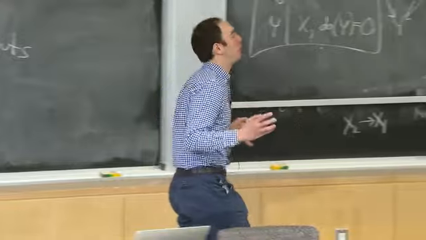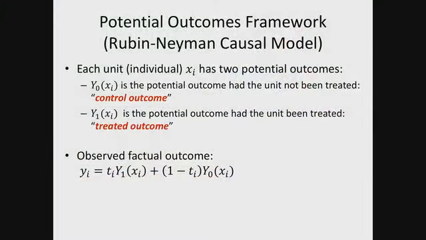Now, in the data that you observe, all you see for an individual is what happened under one of the interventions. So for example, if the ith individual in your data set received treatment ti equals 1, then what you observe, yi, is the potential outcome y1.